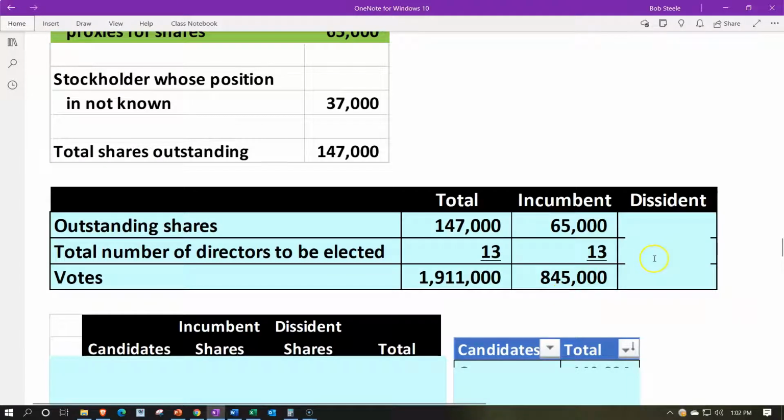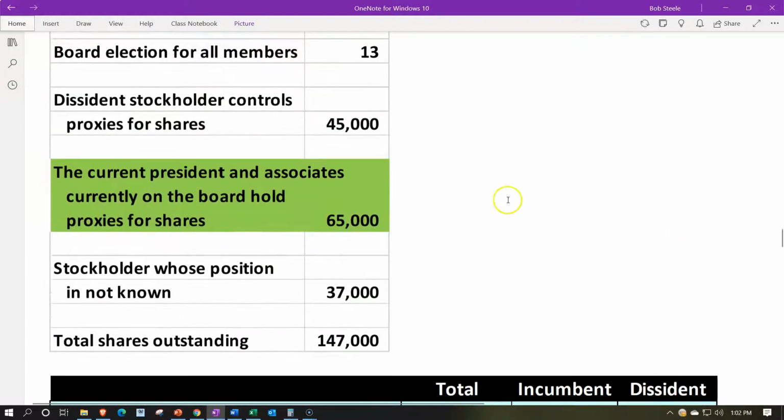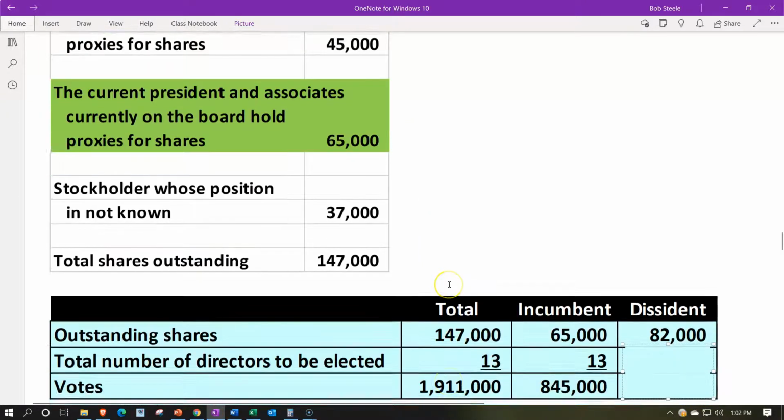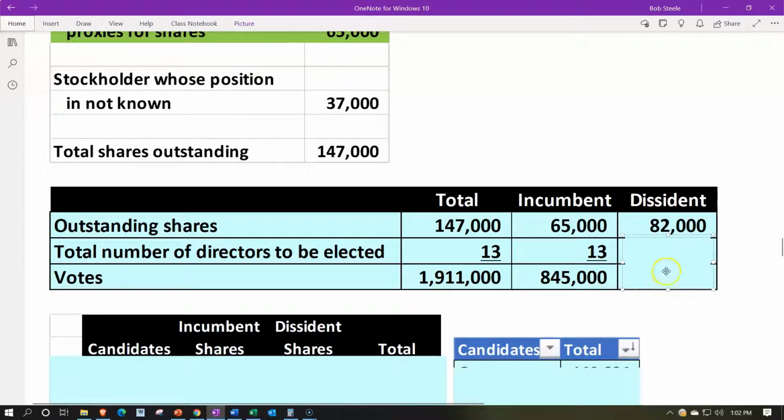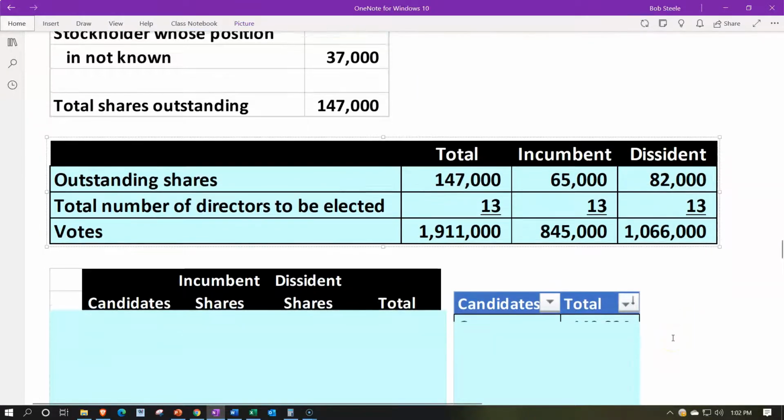The dissident is the 147,000 minus the 65,000, or 82,000. Remember, they have votes of 45,000, but we're assuming this 37,000 unknown is going to go against us. They're going to side with the dissidents just to see what the worst case scenario would be. If we multiply that times the 13, we're at 1,066,000.